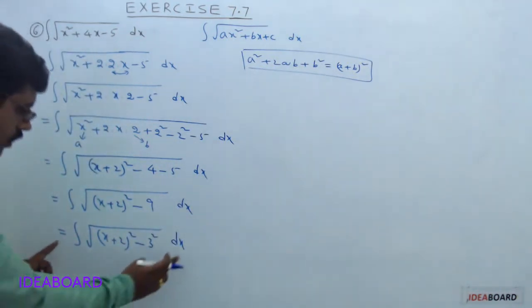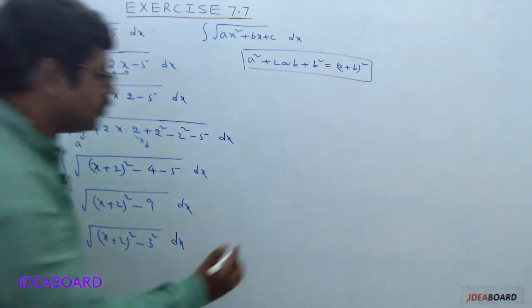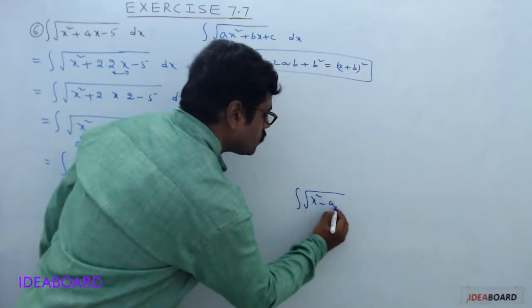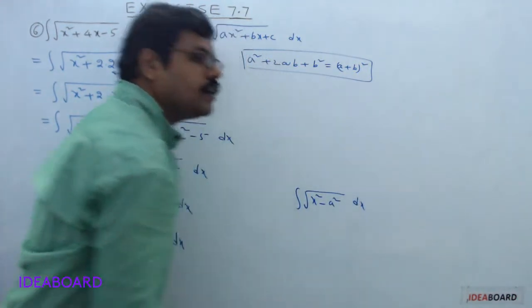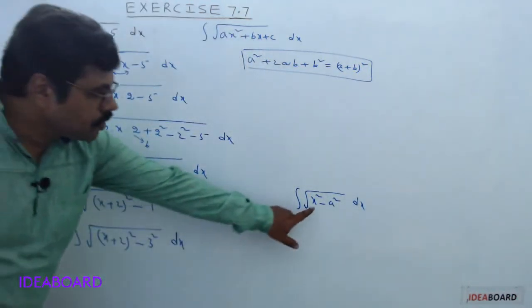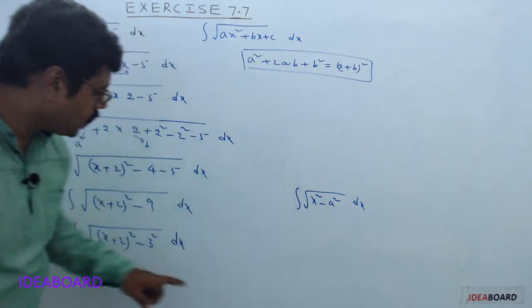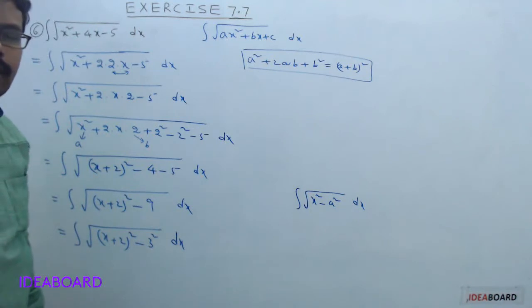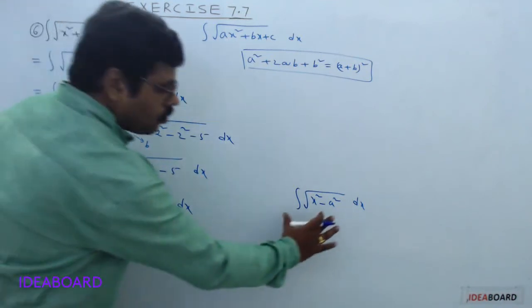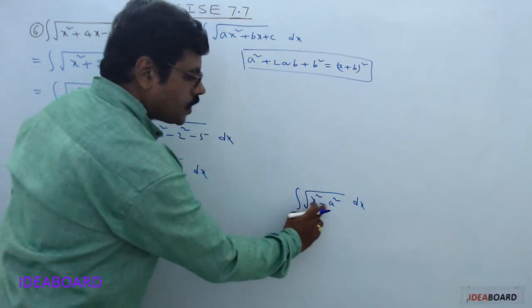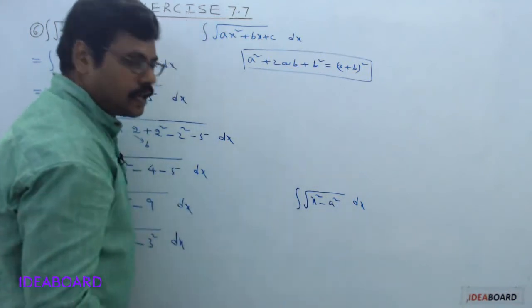Now clearly this term is of the form integral square root of x² minus a² dx. In place of x, x plus 2 will be there. In place of the constant term a, 3 will be there. Here, what is the formula of integral square root of x² minus a² dx?